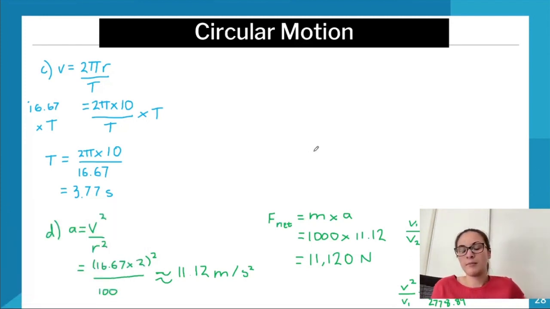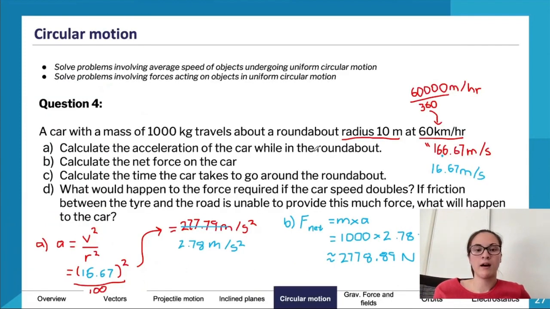I can't. But just by doing a little ratio comparison like that, we could say the force required as the car speed doubles. When the car speed doubles, the force required by the car multiplies by 4, goes up by 4. It goes up by a factor of 4.